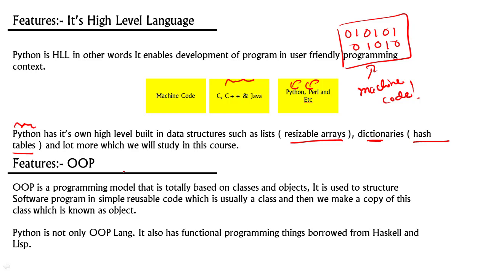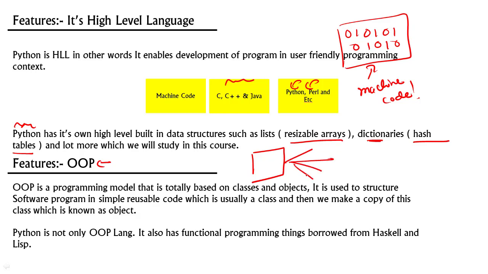So what is an object-oriented programming language? This video is not based on OOP, but in simple terms, using the object-oriented programming principle, you can make your software reusable, or make your own code reusable. You are making a blueprint, a template, and making use of that template in different places.